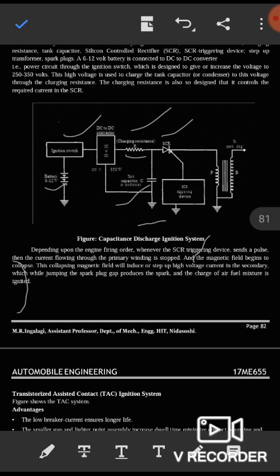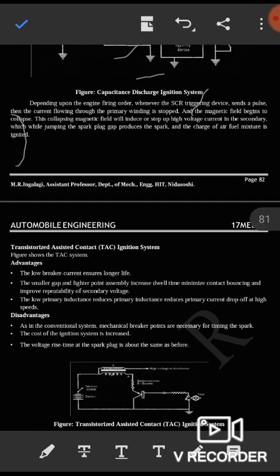The collapsing magnetic field induces a step up high voltage current in the secondary, which, while jumping the spark plug gap, produces the spark, and the charge of air fuel mixture is ignited. So likewise, the capacitance discharge ignition system will work.